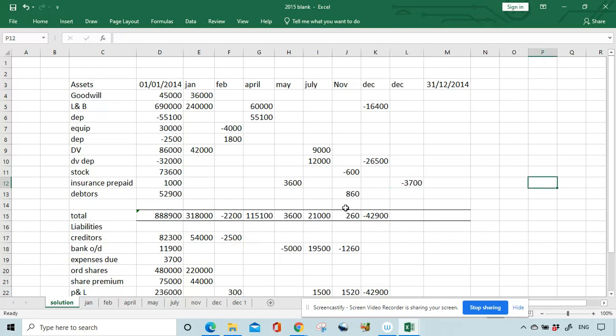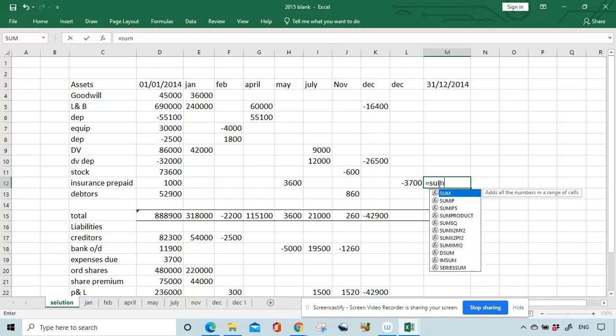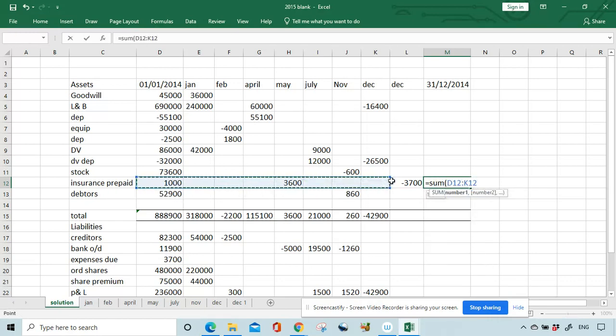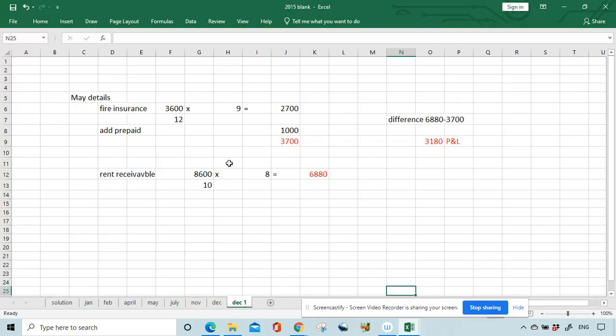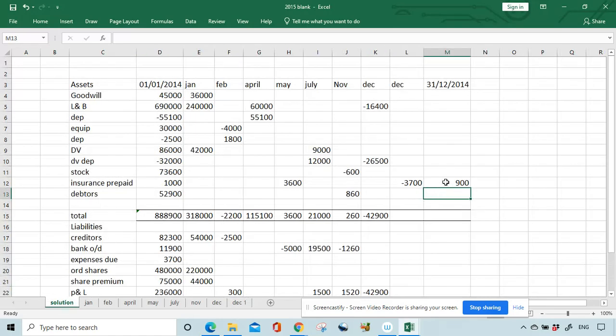So if I just work along with this one for a second, I think it might just be a bit clearer. If I add up along the way, you get €900, which has been paid into next year, which works because if we think about it, 2,700 was for this year. What's left? €900. So €900 is for next year.